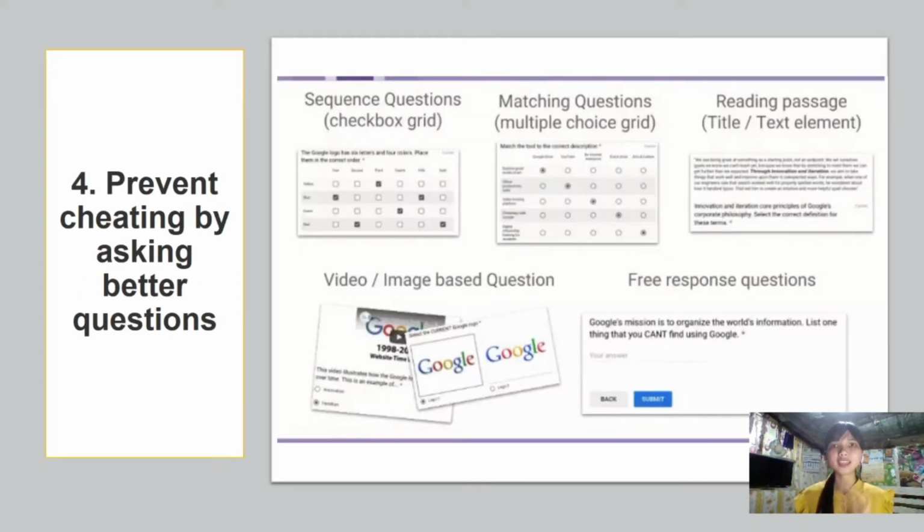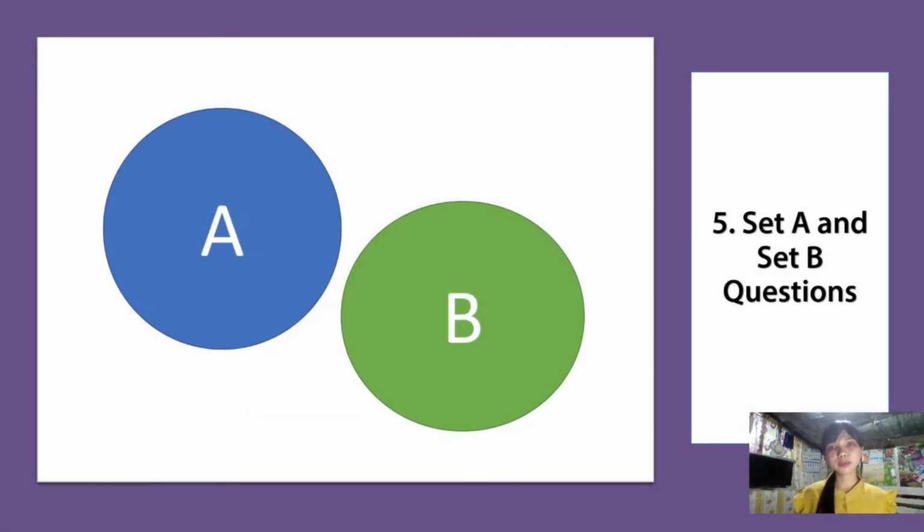Okay. One thing to remember also, teachers, is number 4, prevent cheating by asking better questions. Then let's have number 5, so to make your question set A and set B, when we want our students to focus only on their own set of questions.